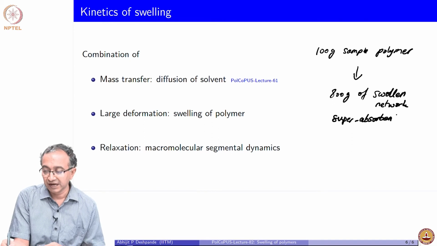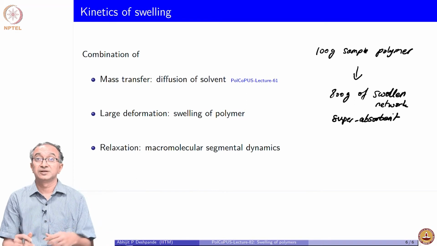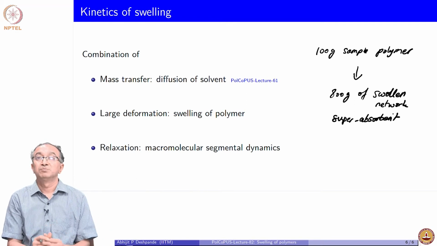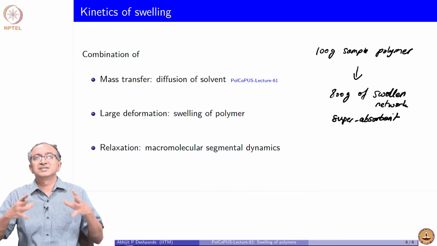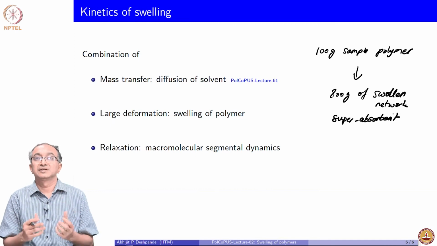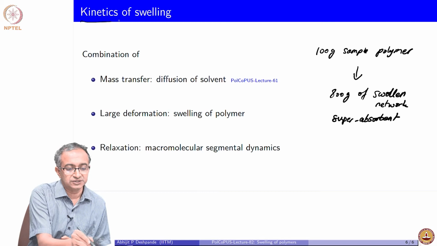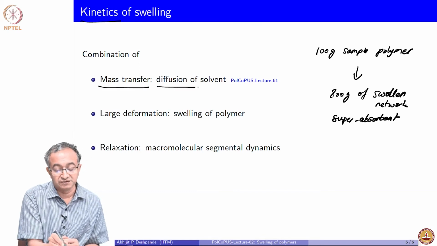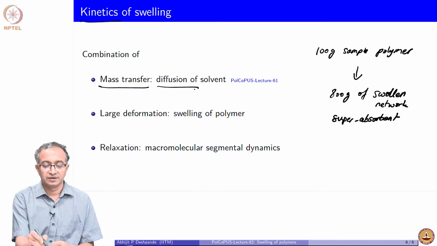So, absorption is happening like what we discussed earlier, diffusion is happening where water is going in or other solvent is going in, but the deformation and the polymer chains that are getting stretched is much higher in this case compared to other systems that we have discussed so far. So, when we discuss the kinetics of swelling, mass transfer, diffusion or transfer of solvent has to happen.